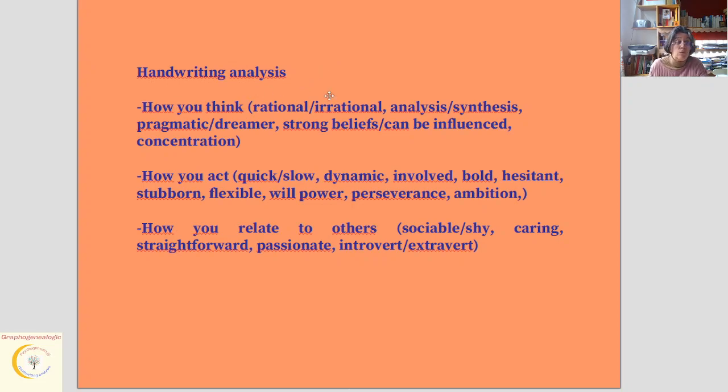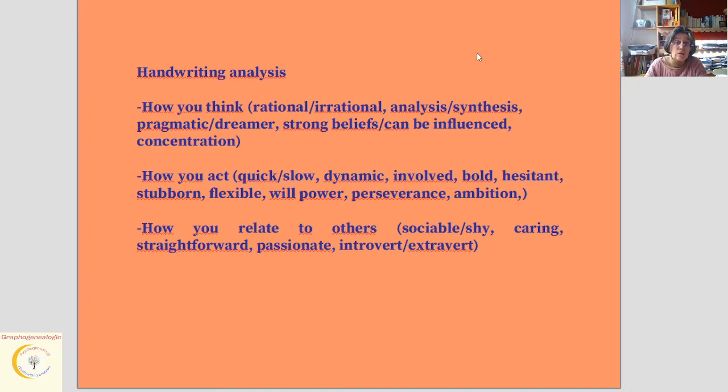So, the way you think: for example, are you rational or irrational? Are you more comfortable with analysis or synthesis? Are you pragmatic or more of a dreamer? Do you have strong beliefs, or can you be influenced easily? How is your concentration, and so on. Now, these are just a few examples. There are many other elements that we can tell about.